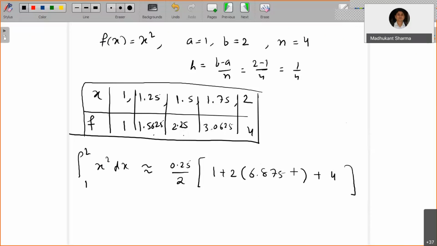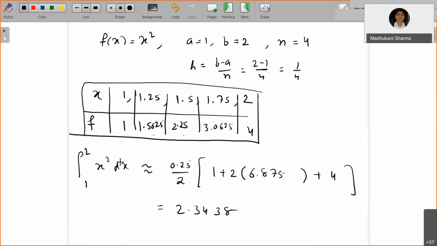Okay, now this value is equal to, so into 2 plus 5, into 0.25 and divide by 2. So that equals 2.34375. So let's say 2.3438.